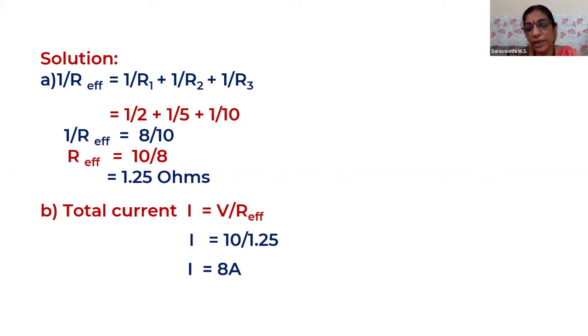Whereas here the available current is going to be more, which will get split among the various resistors. So connecting them in parallel is advantageous compared to connecting them in series. You can explain the advantage of parallel over series using a problem like this.